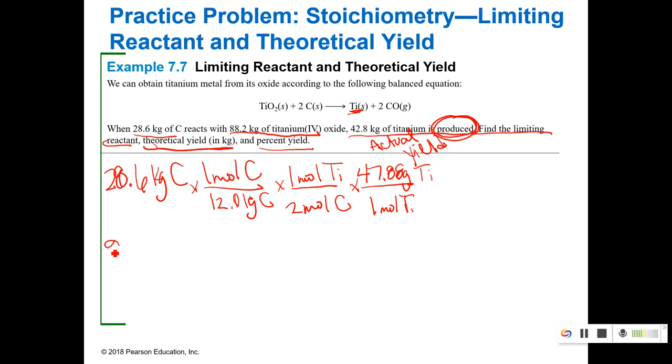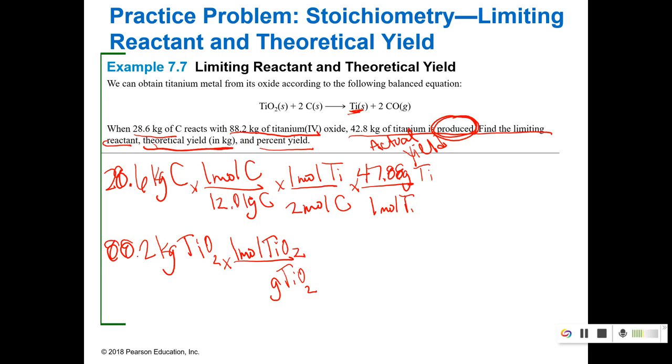Do the next one, 88.2 kilograms titanium 4 oxide, that's TiO2, grams TiO2. Ooh, that's a rough looking one.